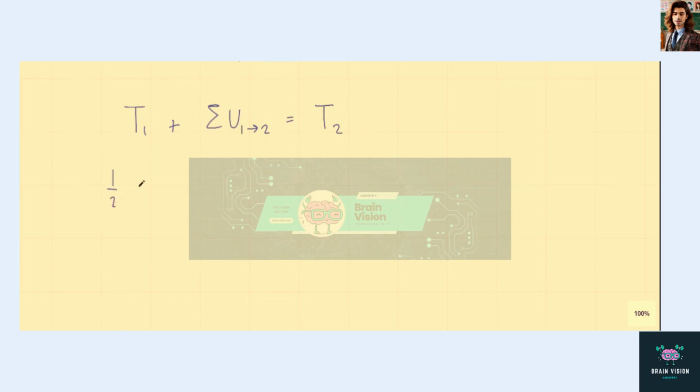So T1 is a half m v squared. That's a half times 15 times its initial velocity of 10 meters per second, squared, plus the work done due to friction, which is the frictional force in the opposite direction, minus 44.145 newtons over the distance of 4 meters.